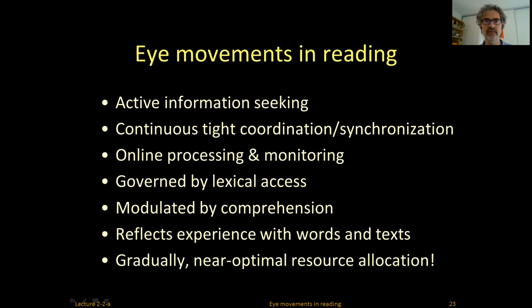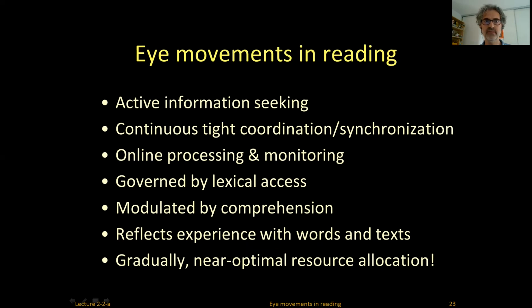For a skilled reader, the system works so well and so efficiently that the eye lands on the next fixation spot precisely as soon as the previous words have been recognized and analyzed. There is continuous online processing and monitoring, which sometimes leads to regressions if there have been any unexpected problems in processing or analysis.